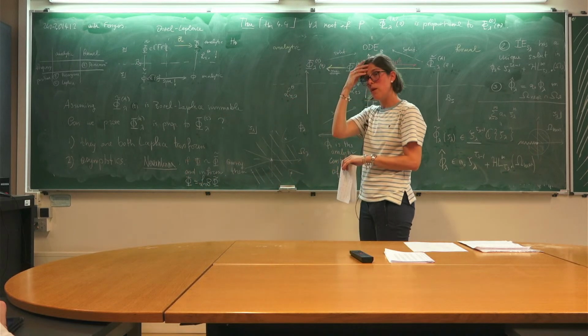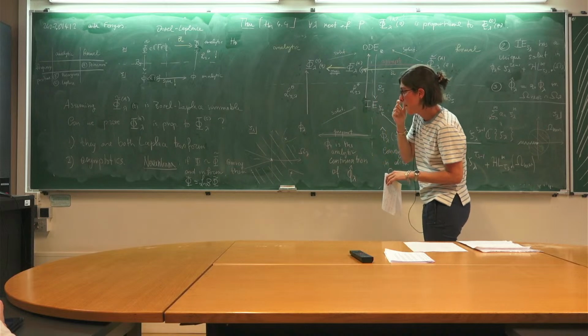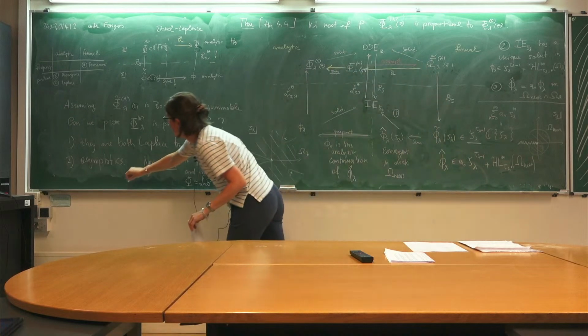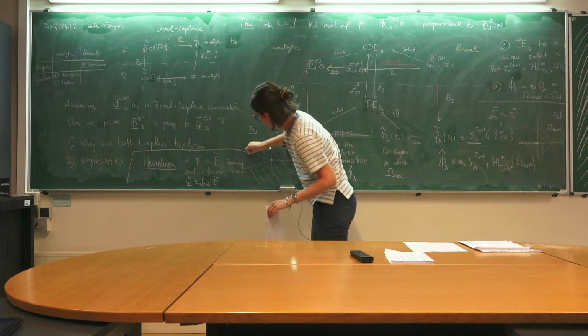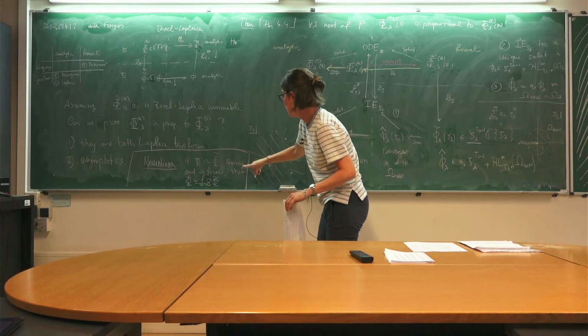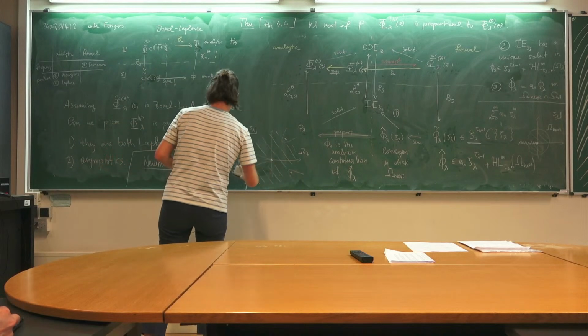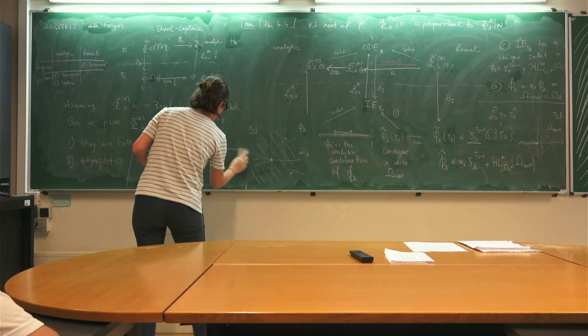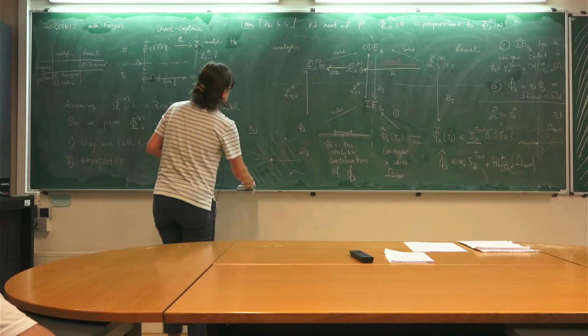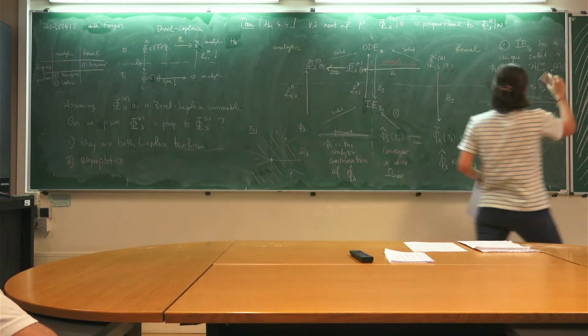Is it readable? Otherwise, I can write somewhere else. Gevrey and uniform, and sorry, here something is missing. So let me maybe rewrite it somewhere else. I guess I can go here.